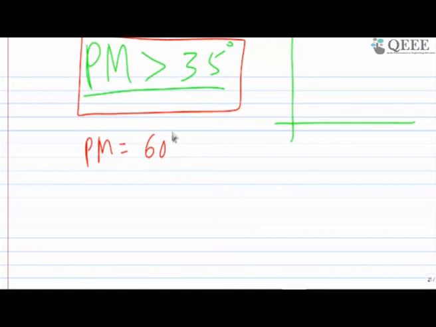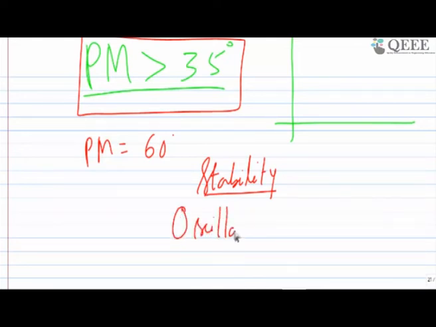But what do you mean by these degrees and all? This means that stability is determined by the oscillations. If your system is in feedback and still it's giving oscillations, it means it's unstable. If it is not giving oscillations, it means it's stable.